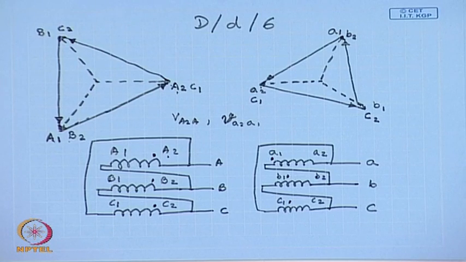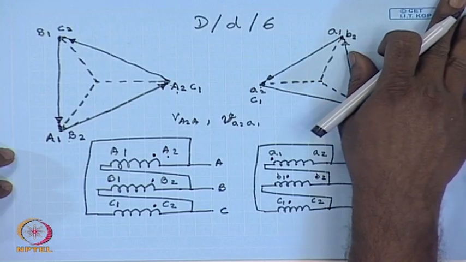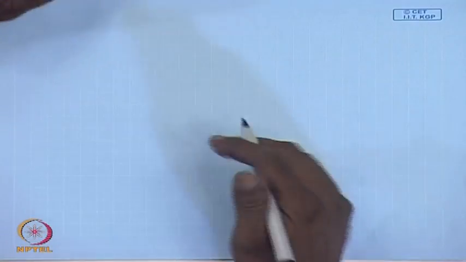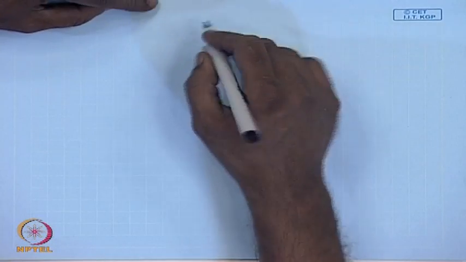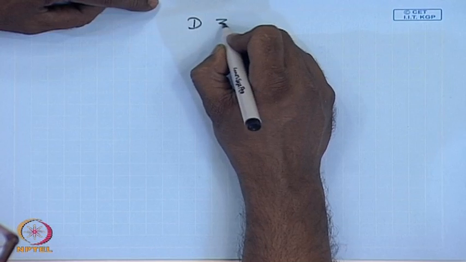Similarly, we can see how the connection DD0 or YY6 will look like. So, let us turn our attention to a slightly more complicated connection, let us say DZ0.